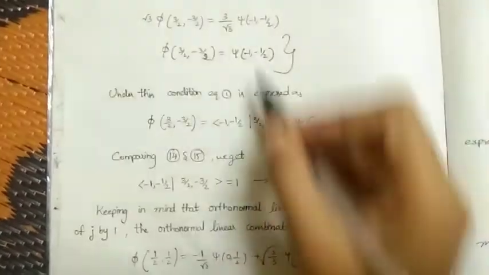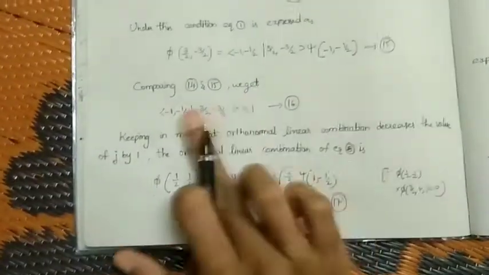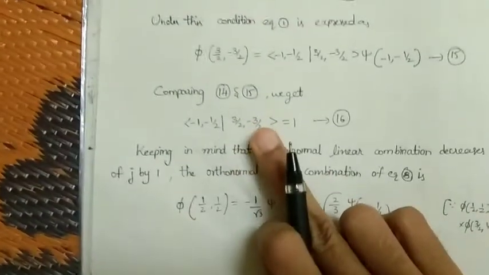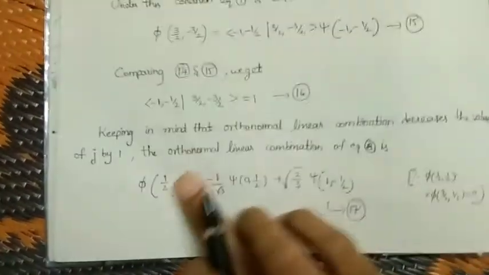So if we compare these both equations, in the place of this Clebsch Gordan coefficient we are having 1. If we compare these two equations, that is 14, 14 is same as this equation. So we are having Clebsch Gordan coefficient 1. So we have found out.